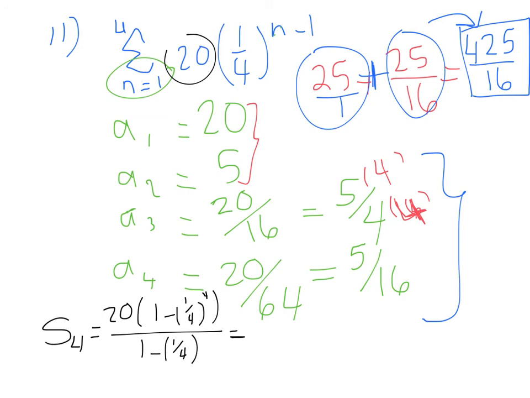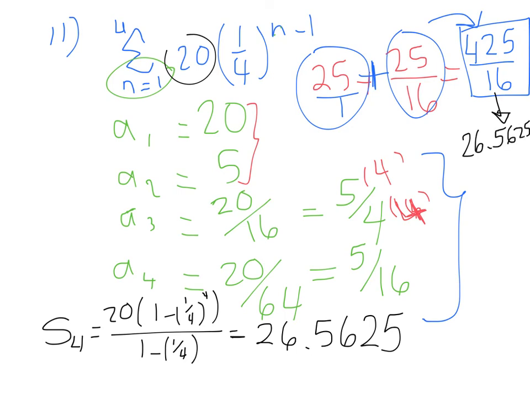So you have 1 minus a quarter power 4 times 20, times 1 over 3/4, which should get you 26.5625, which is the same as this one. If you plug 425 divided by 16 into your calculator, it's the same thing, 26.5625. That's it. You can work it out as a fraction as well.